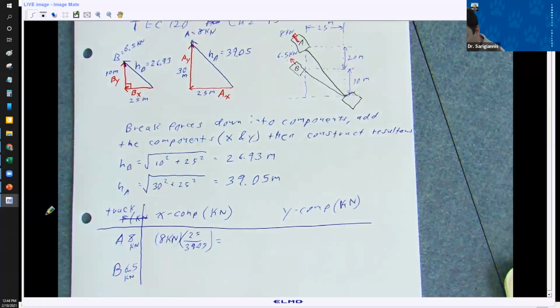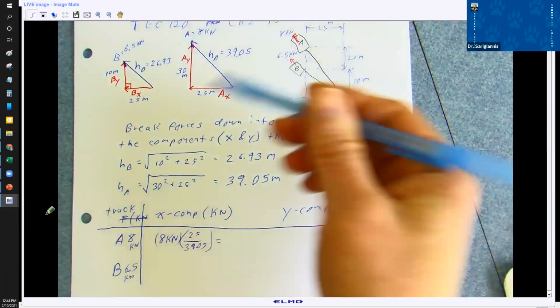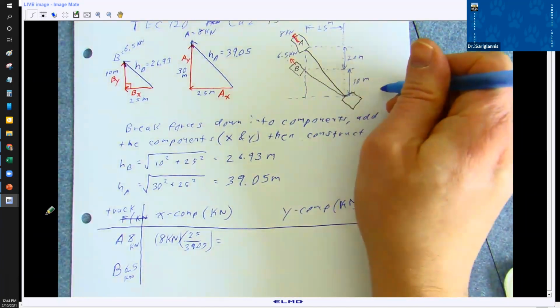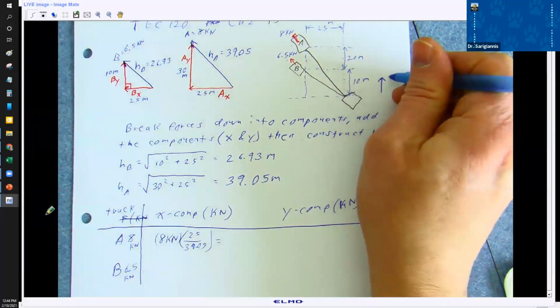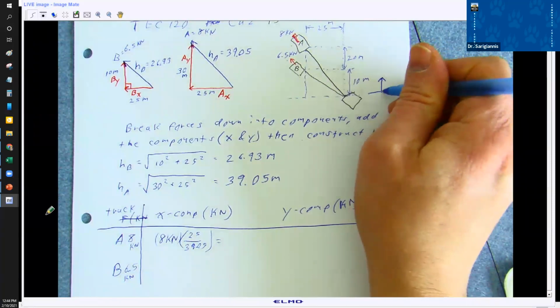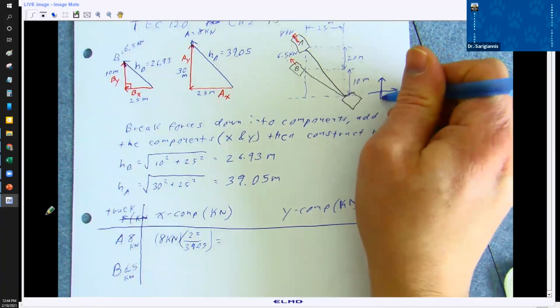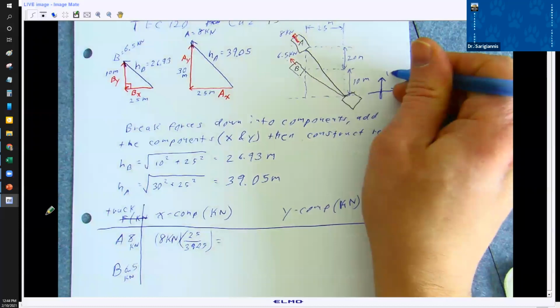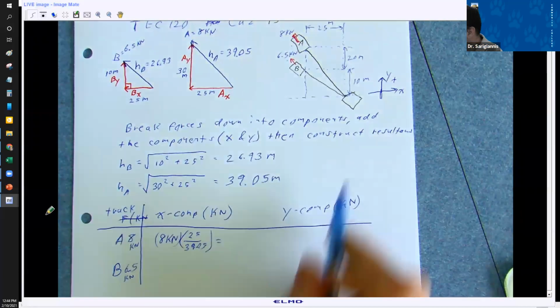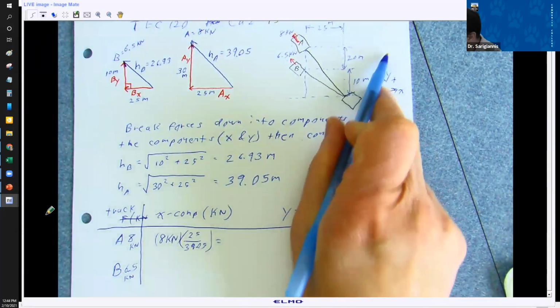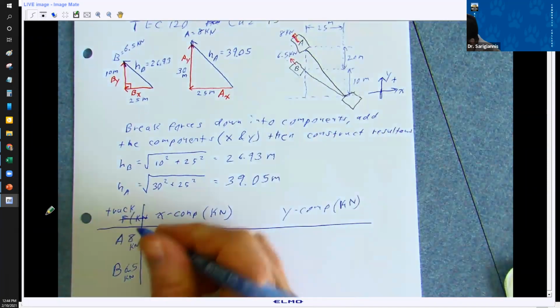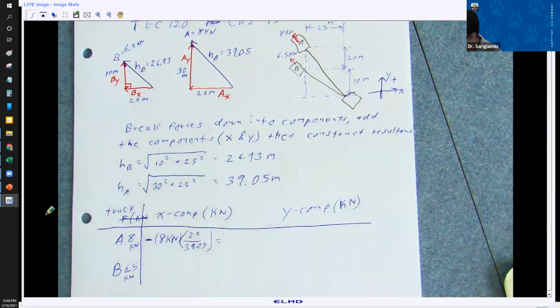This gives us, oh yeah, the other thing we want to look at is direction. You have to do this manually. There's no way around this. You have to look at this and say, oh, this is pointing to the left. How am I going to designate that? Well, my axes are going to be positive in these directions, positive X, positive Y. So I'm going to make this a negative, right?